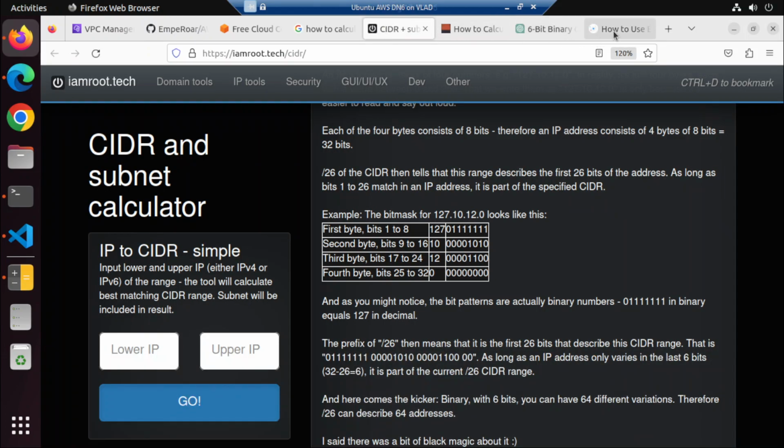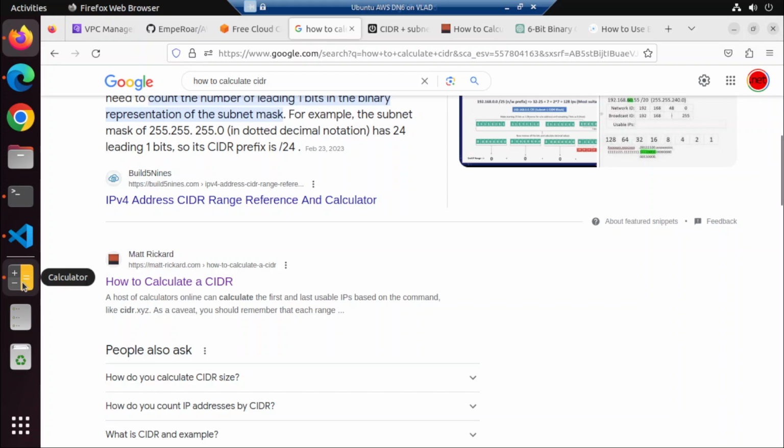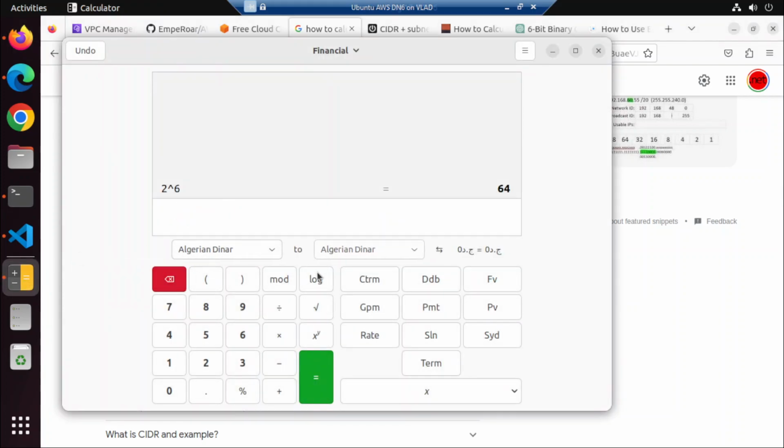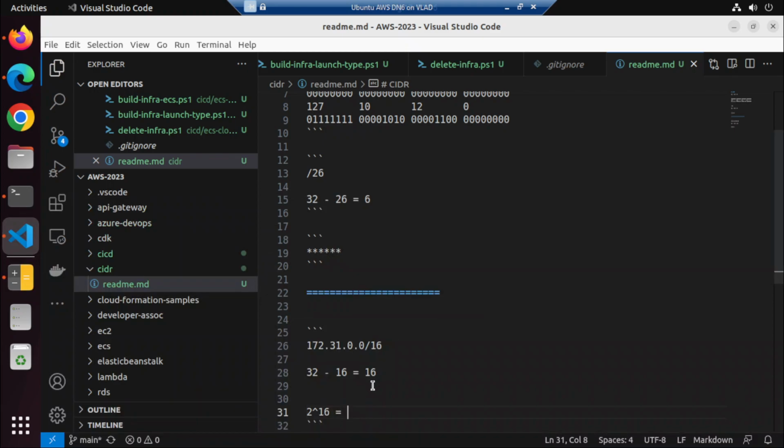Okay, so if we change that, 2 to the power of 16 equals, damn, there's so many. Like 2 to the power of 6 is 64, and 2 to the power of 16 is this one, right?